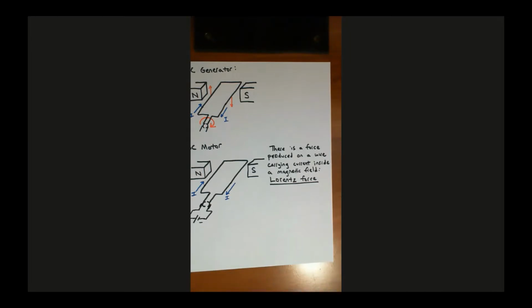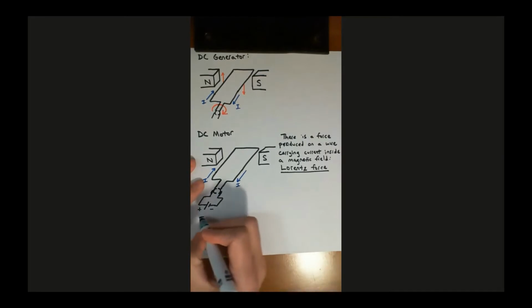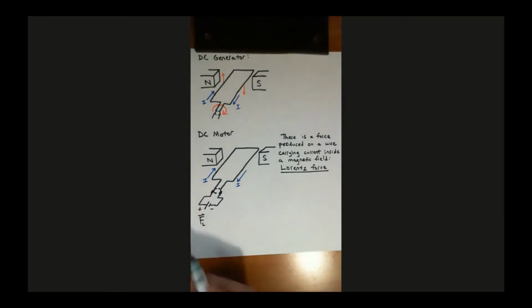Now we can analyze the Lorentz force either quantitatively with numbers or qualitatively with directions. I'm going to tell you right now what the quantitative representation of the Lorentz force is, and then we're actually not going to use it again. I'm going to call it F sub L. That little arrow above the F indicates that this is a vector.